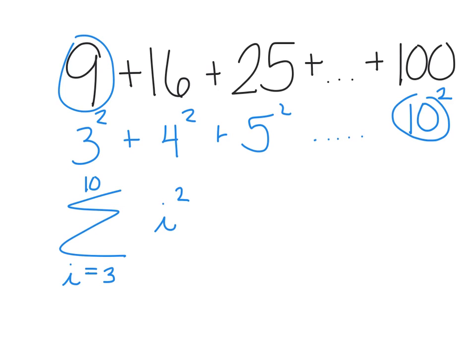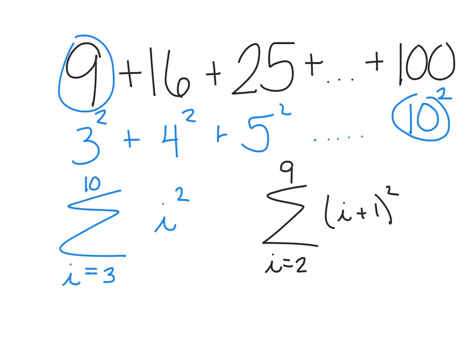Maybe you got more creative. Let me show you another example. Think about this. Maybe this is a multiple choice question and that's not an option. See if you would agree with this. If my index is 2 and I end at 9, what do you think about (i plus 1) squared? Would that work?